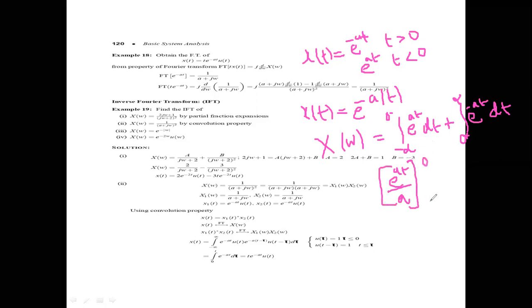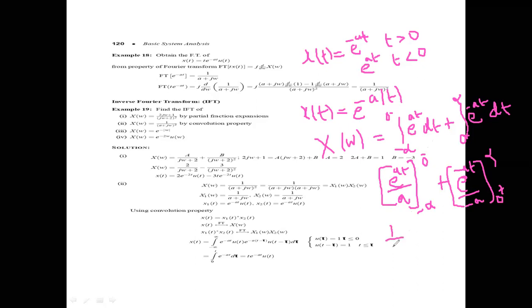As 0 minus or 0 plus, both are the same, and e power minus at by minus a, with infinity and 0 plus.